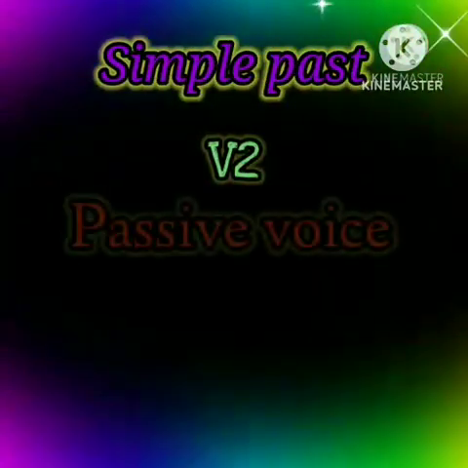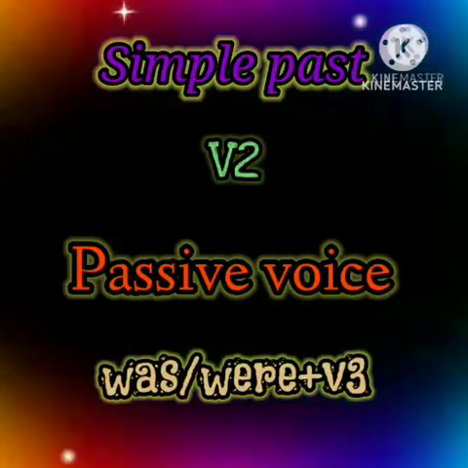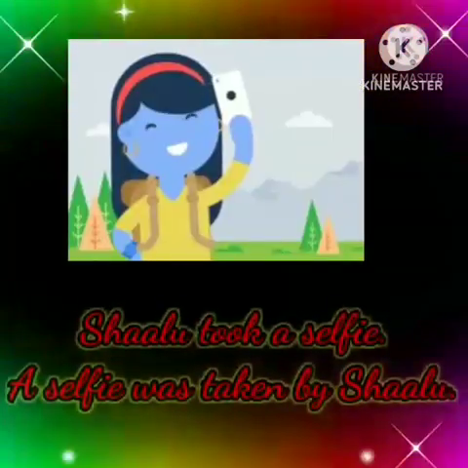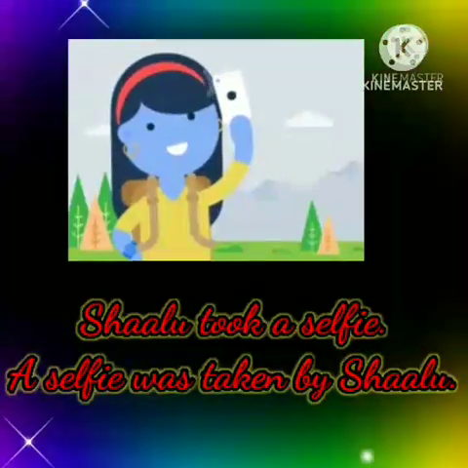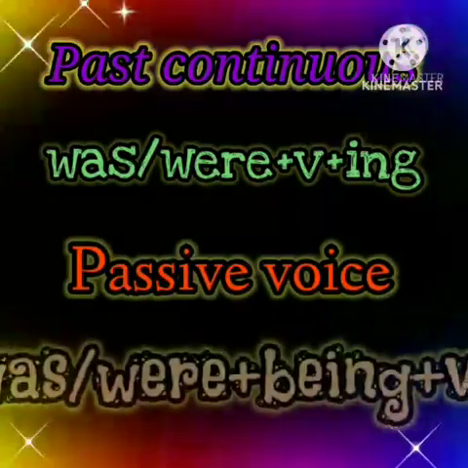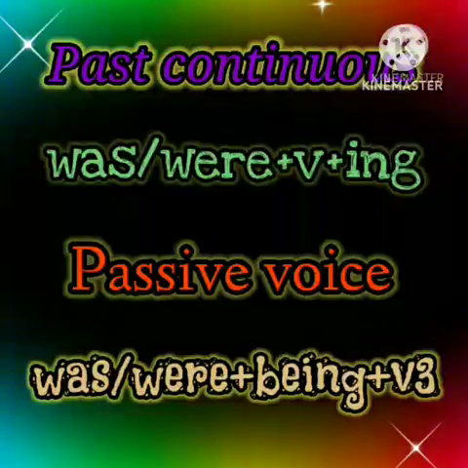That's all. And simple past tense, which is V2, will be changed into was or were plus V3. Shalu took a selfie. A selfie was taken by Shalu. Next, past continuous, was or were plus verb plus ing, and here the passive form is was or were plus being plus V3.